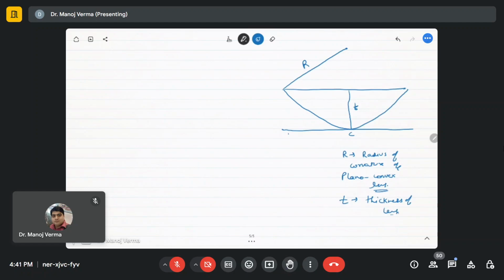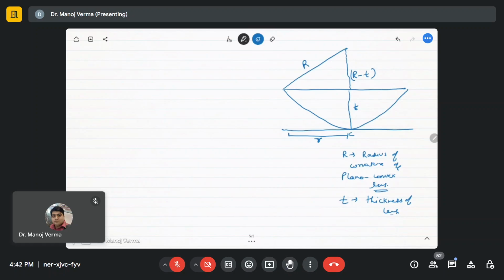A small r is the distance from the center of the system, which is C. Now, this distance will be R minus t.